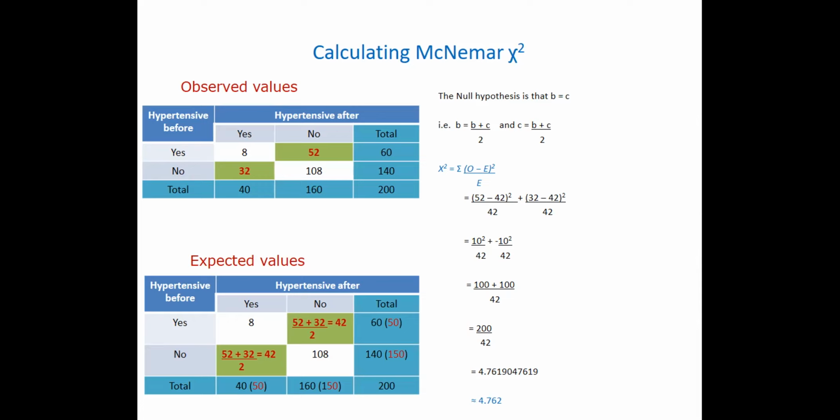The expected value to replace the observed value for cell B is 52. The observed value for cell C is 32. Those are the two cells we are concerned about. If the null hypothesis were true, what should be the expected value?